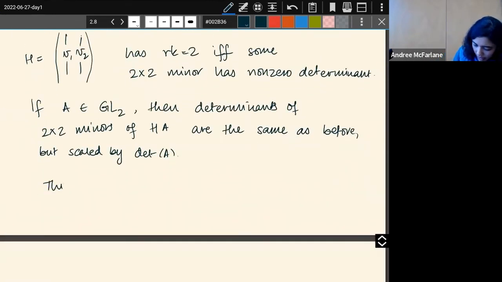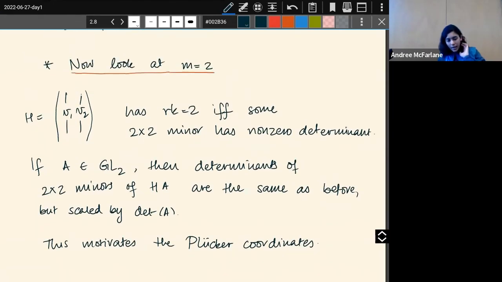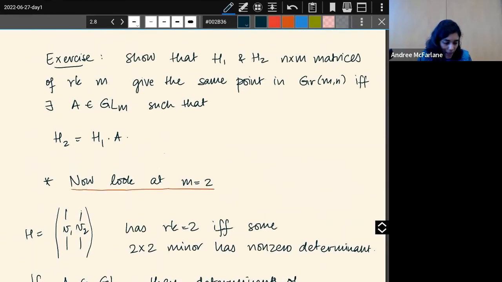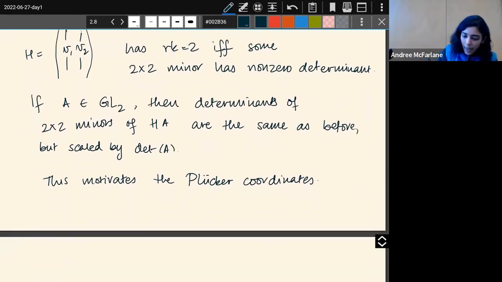So this motivates, and this is simply saying, I'm looking at my n by 2 matrices, but instead, let me simply look at all of the possible 2 by 2 minors of these n by 2 matrices, okay? But I'm going to look at them up to scaling, because if I multiply H by some A, then the minors get scaled, okay?